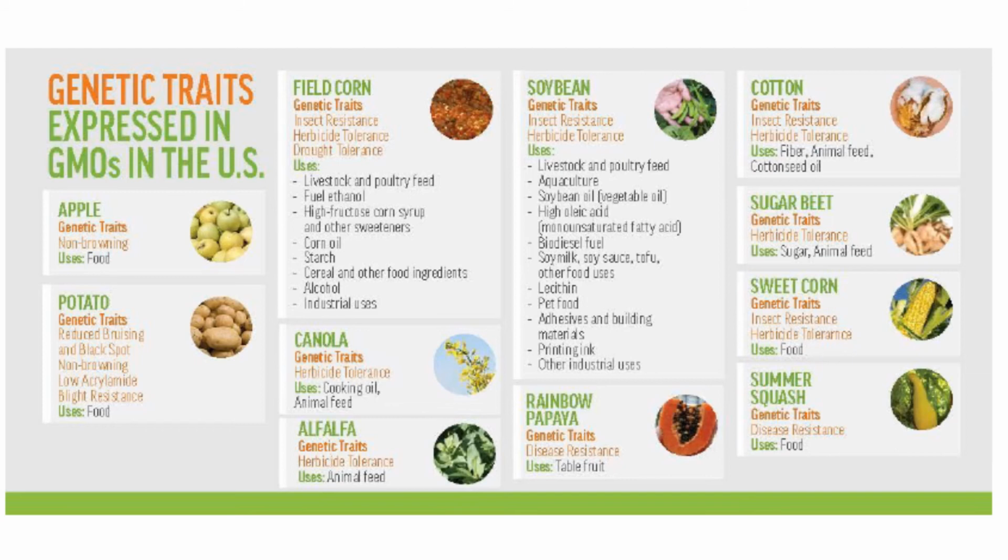Alfalfa, herbicide tolerance again. Soybean, insect resistance and herbicide tolerance. Notice a trend here yet. Papaya, disease resistance. Anyways, so usually it's basically just ways to make it so that the crop will either thrive, so that it's easier to maintain the crop, or make it so that the product will last better once it's no longer part of the plant.